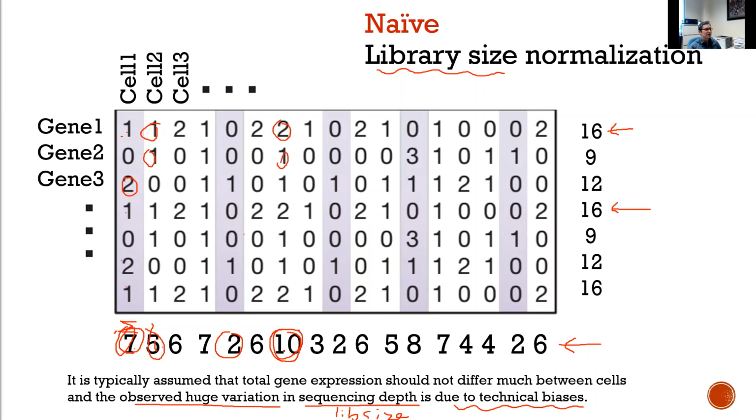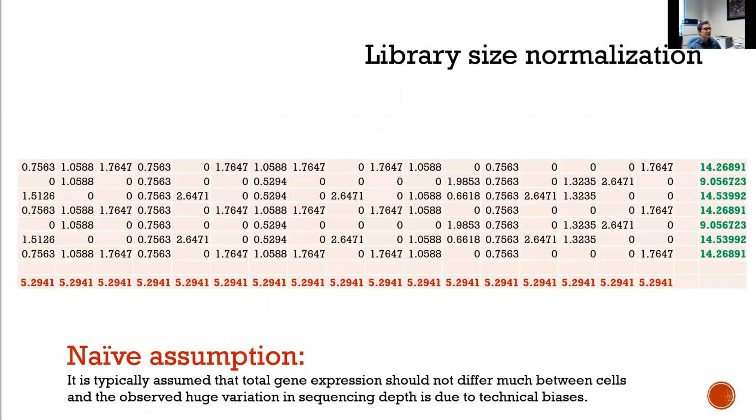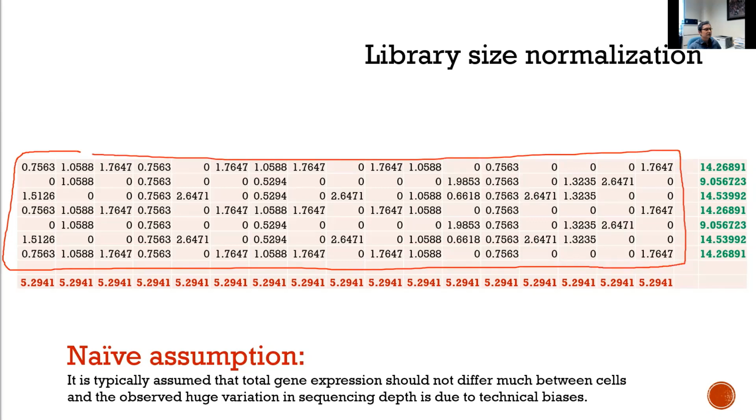So if I do this, I will obtain a normalized expression matrix. This matrix is the same as the previous, but divided by the corresponding library size.